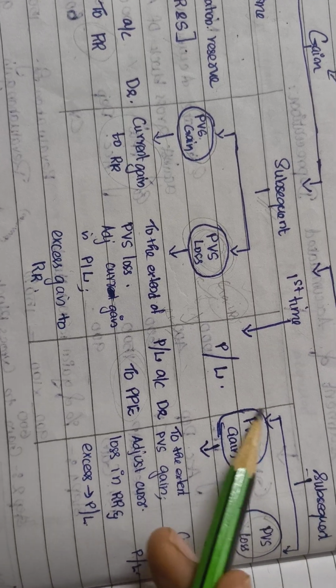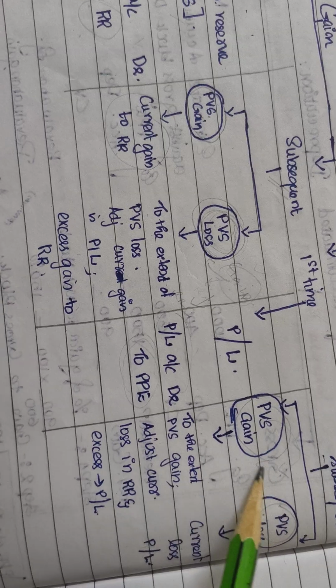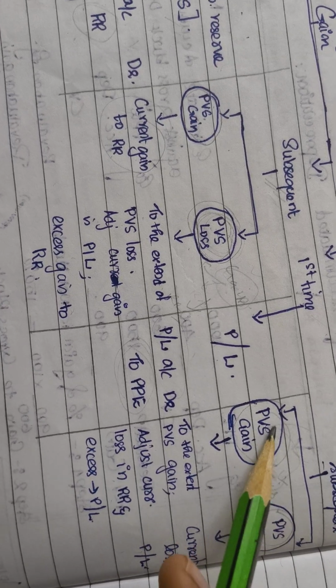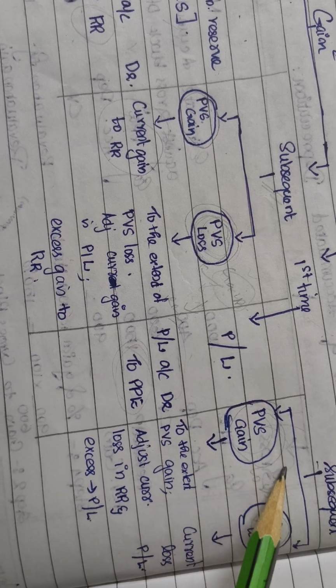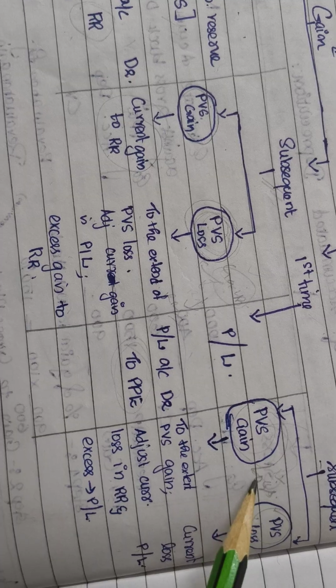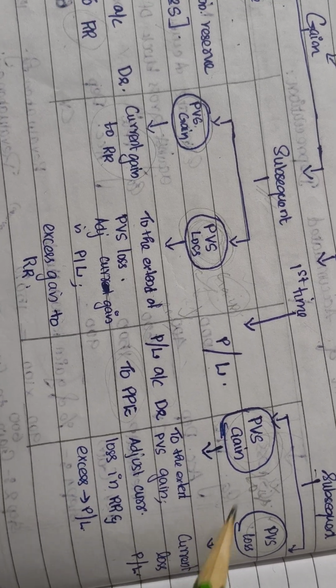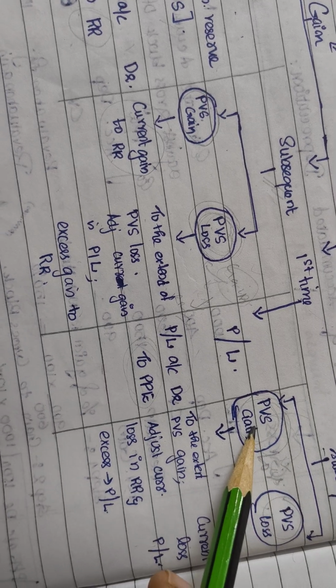But if previously there was a gain and subsequently there is a loss. First when we revalued, it was a gain, but then when we revalued again, it becomes a loss. How will we treat it? Will we directly go to P&L? No. First we will adjust the gain that has been transferred to reserves.